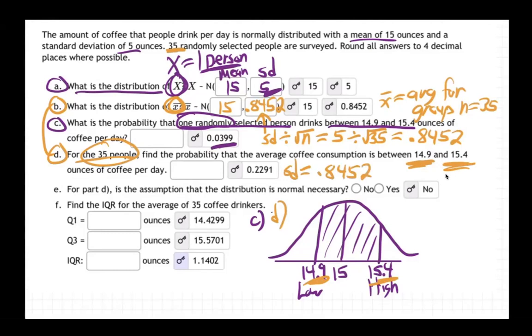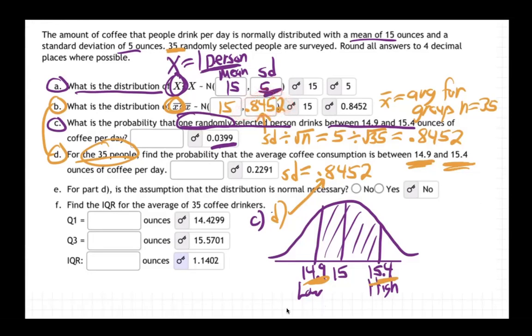That's the only difference between parts C and D. It's the same question, between 14.9 and 15.4, but part C was for one person, part D is for 35 people. So we're talking about a group average, and you're going to use the new lower standard deviation. There's less deviation for a group than for individuals.